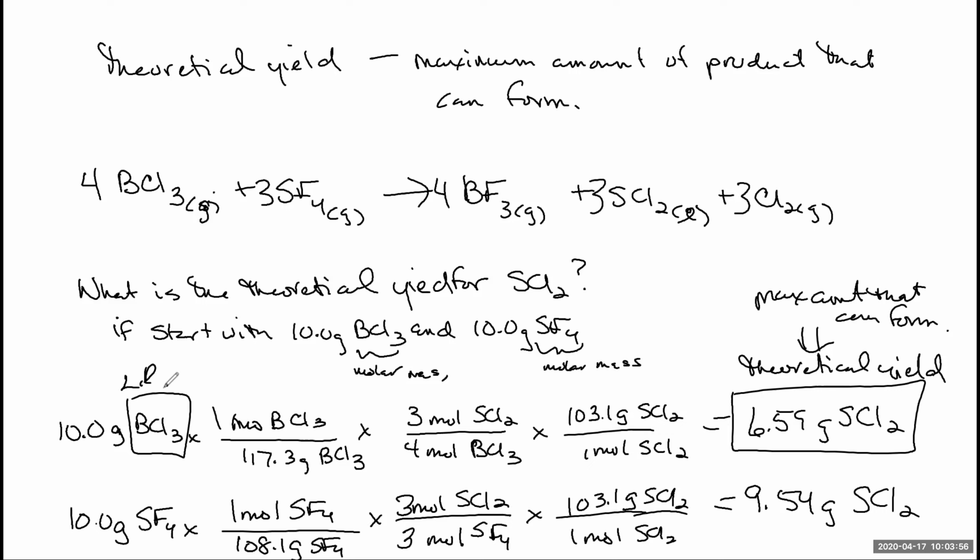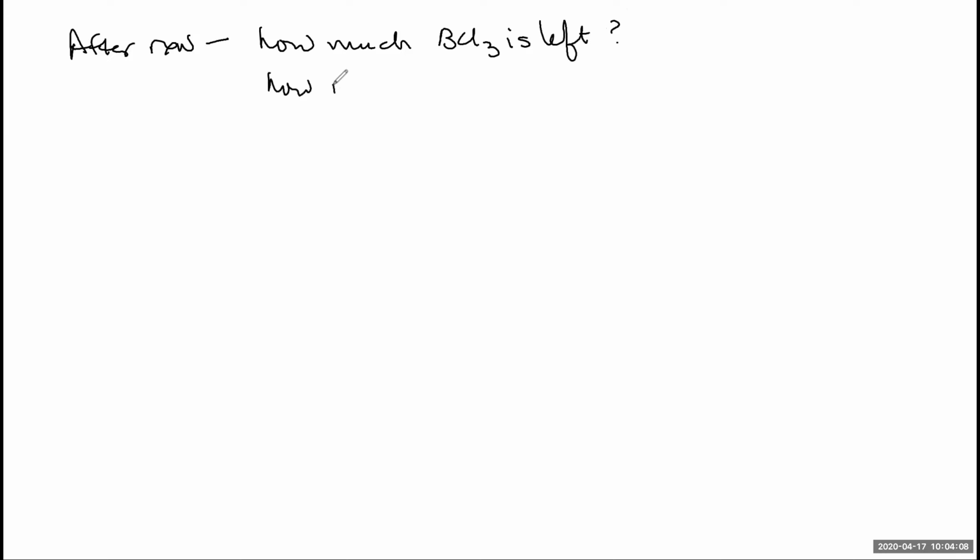So what if I asked you, after the reaction, how much boron trichloride is left and how much sulfur tetrafluoride is left? How would you figure that out? Well, the first one should be easy because this is my limiting reactant.